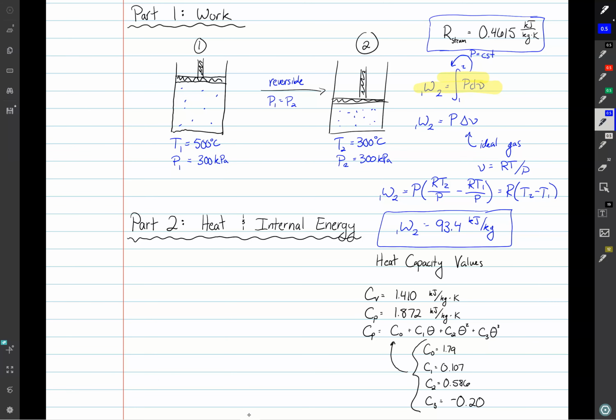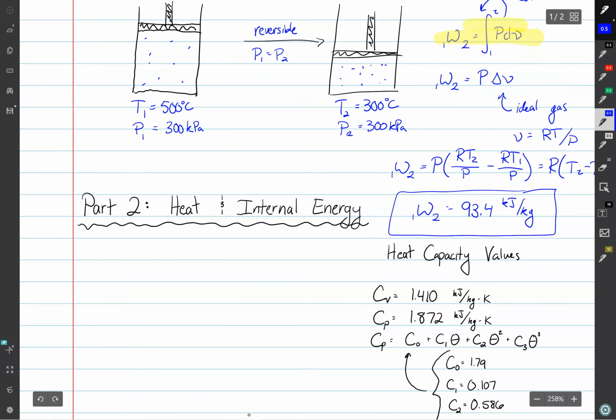Now to calculate heat and internal energy, heat is going to be path dependent. Internal energy will not. So we're going to find delta U first. This is going to be a delta U problem, so that's going to be a constant volume heat capacity.